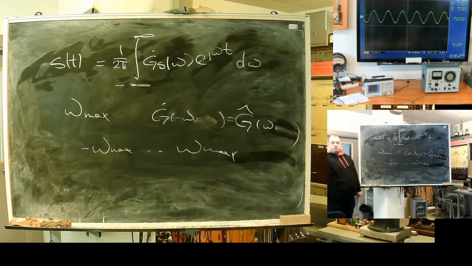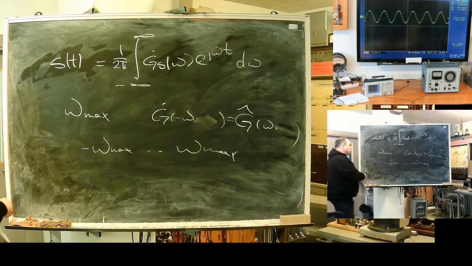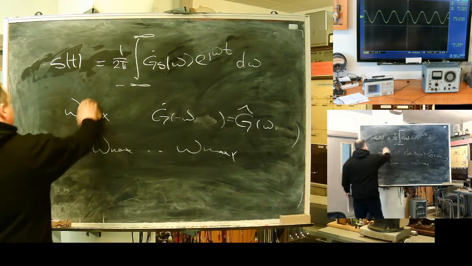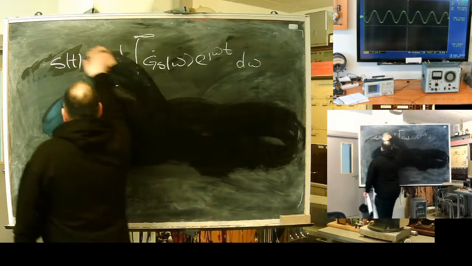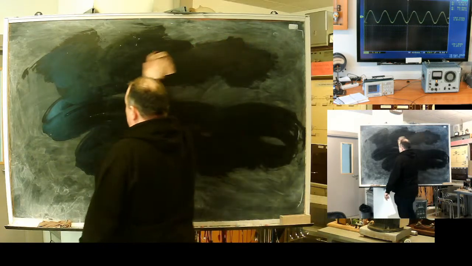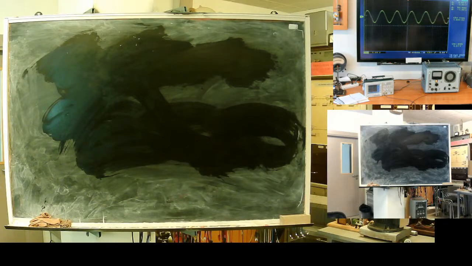So all spectral function values at a positive frequency have their reflection in the negative frequency area, but conjugated, with a negative sign at the imaginary part. Okay, so we have a signal represented with its spectral function, and the frequency range is limited with omega max.